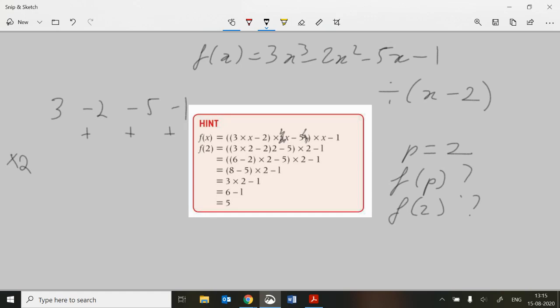Now the first thing that you do is you times by the original coefficient of x cubed, of the highest power of x. So let's bring down this 3. Okay, so we're going to bring down the 3. And now we're going to times the 2 by the 3, and that's going to become our plus 6 up here.